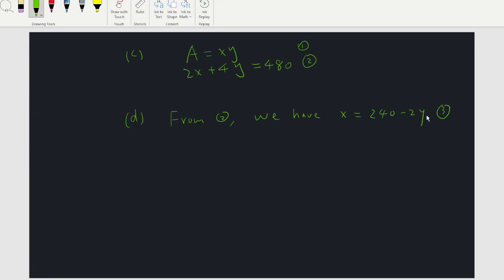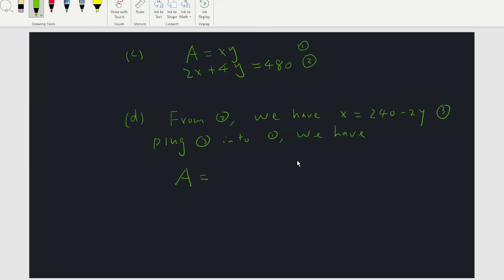And then we plug equation 3 into equation 1. Basically, I want to write A, the quantity to be maximized, as a function of only y in this particular case, only one variable y. So we plug equation 3 into 1. A, the quantity to be maximized, the area, is the quantity, right?